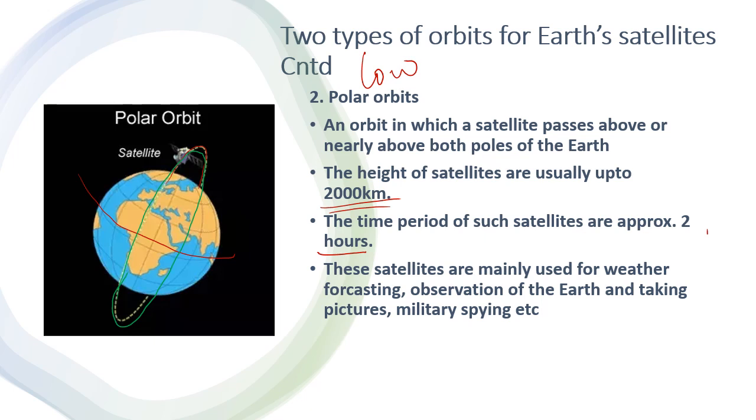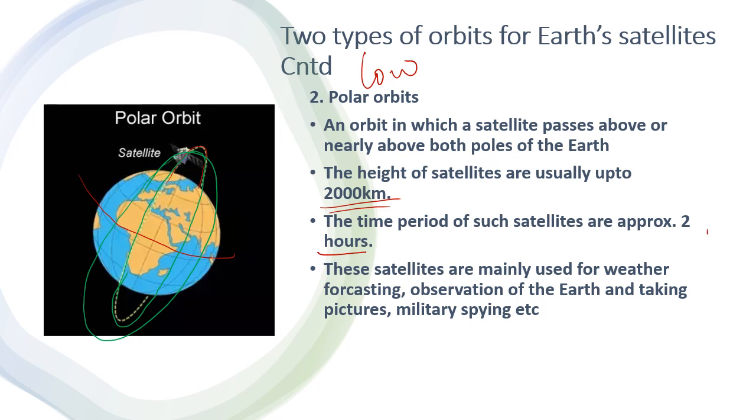So the satellite would come across a different position of the Earth, scan that position, and come back. By the time it reaches back, the Earth would have rotated a bit more. Like that, in a short span of time, it can cover the whole of the Earth. That is why it is used for weather forecasting and observation of the Earth.